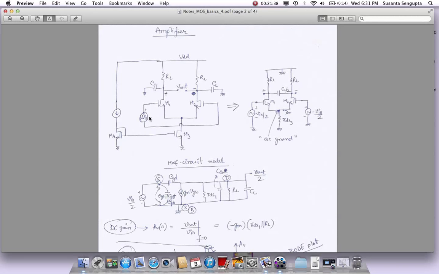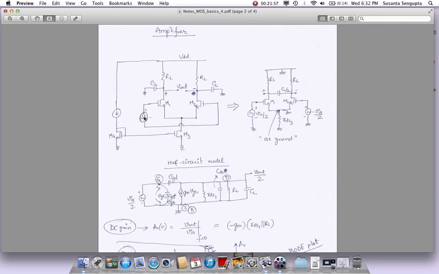So you can break the differential excitation into two excitations like this, and apply them with respect to a common ground, and that is a major simplification that we can do when we are doing differential analysis. Here it's a differential signal.